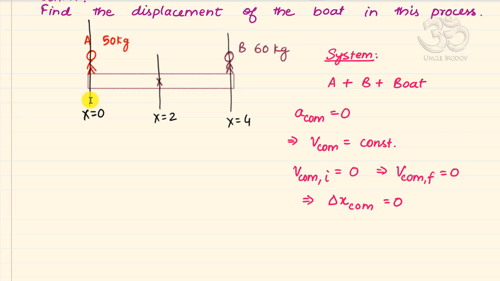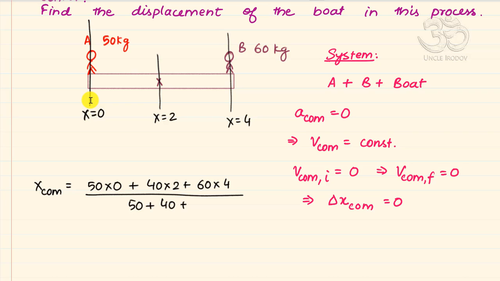I have got the x center of mass of the system as m1 x1 plus m2 x2 plus m3 x3 divided by m1 plus m2 plus m3.